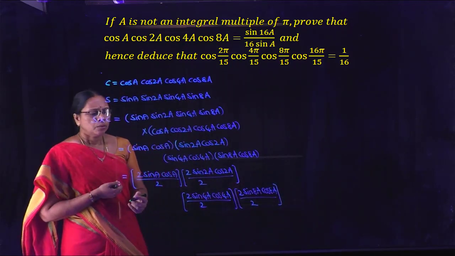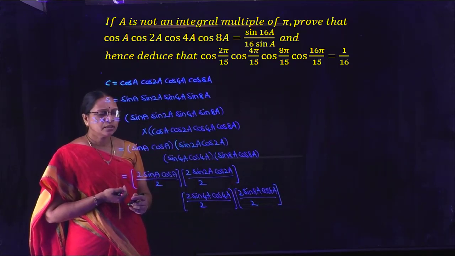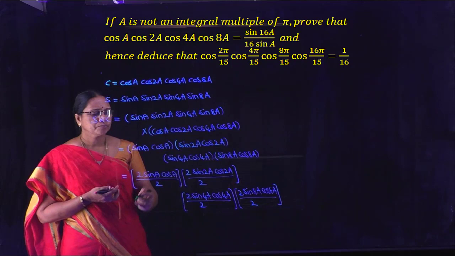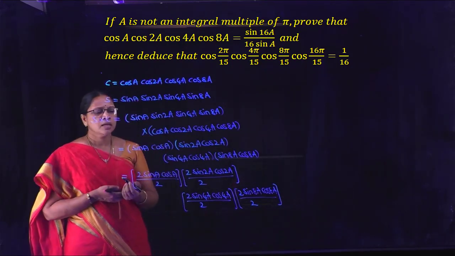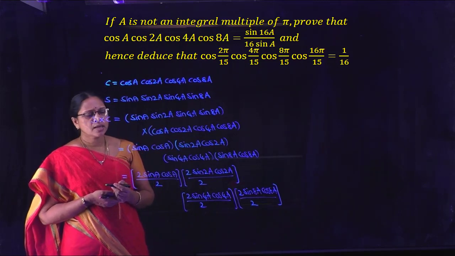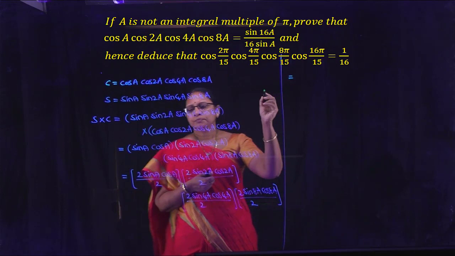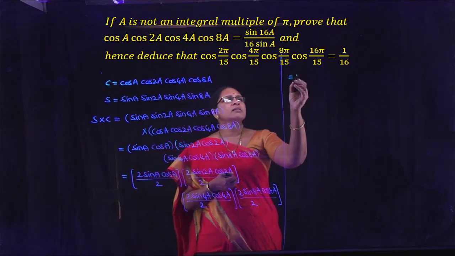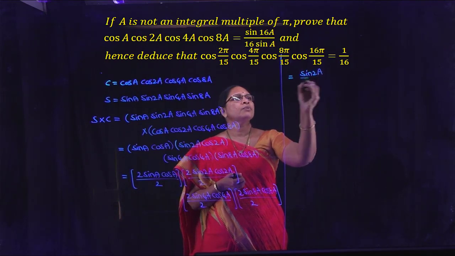Here we know that the formula for sin 2A is 2 sin A cos A. In the first bracket, 2 sin A cos A is sin 2A, that is equal to sin 2A by 2.